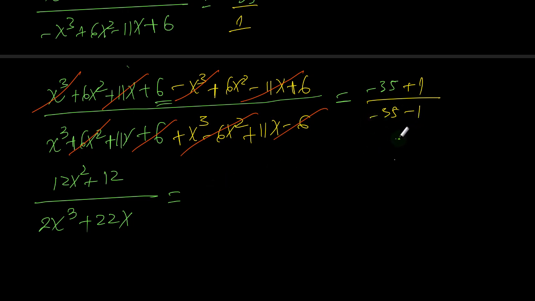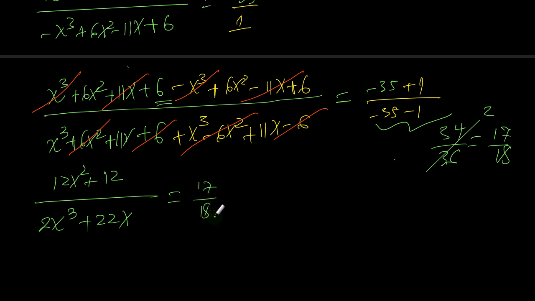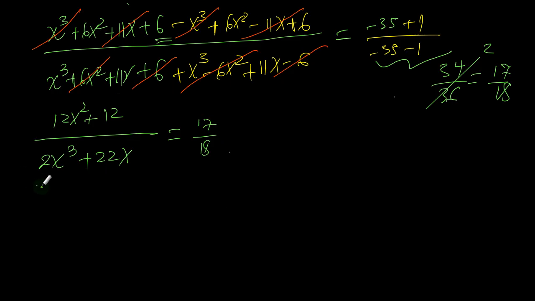We're going to have then, this would be, guys, 34 divided by 36, dividing by 2, we have 17 divided by 18. So here we have positive 17 divided by 18. Okay, cool.